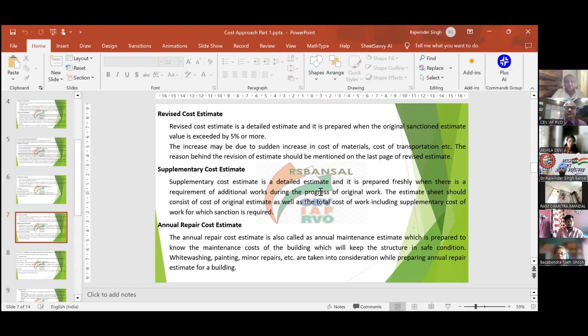And the next one is annual repair cost estimate. So this is also basically for government departments. Most of the government departments have their own construction wings.